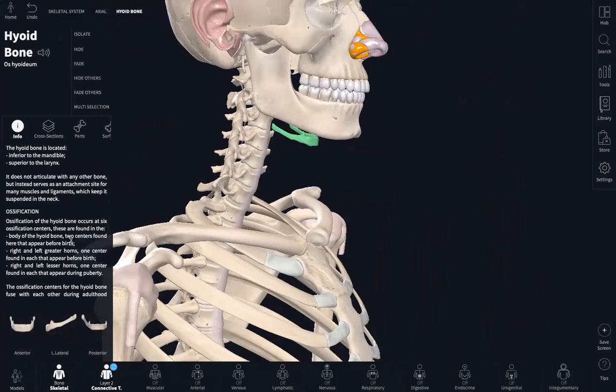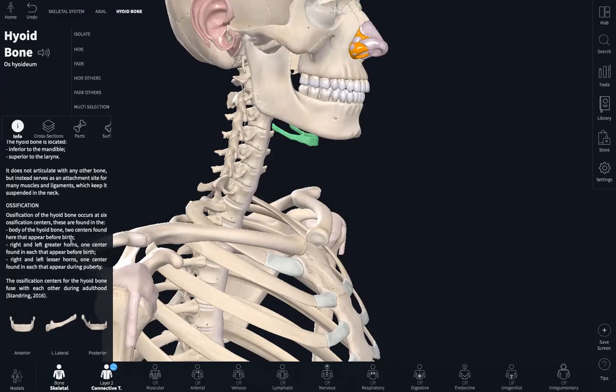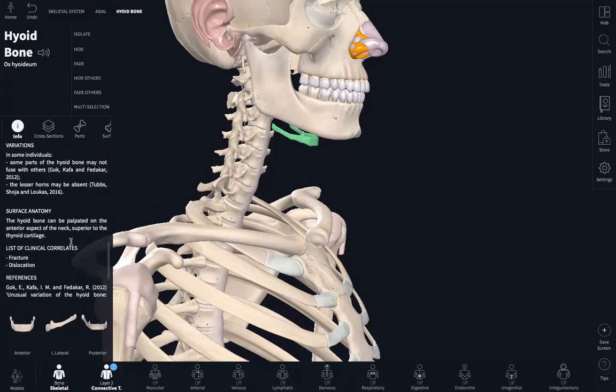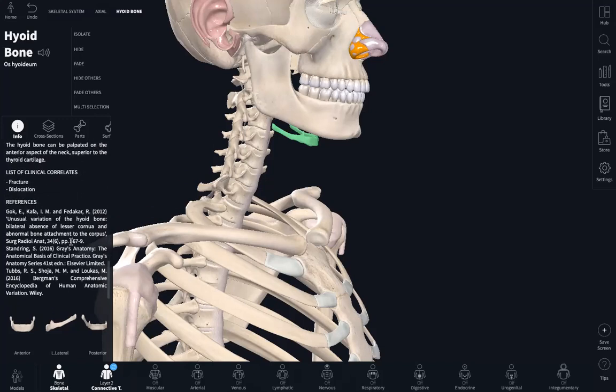It is the attachment site for many muscles and ligaments which keep it suspended in the neck. So those muscles and ligaments will keep the bone suspended in the neck. All right. Fine. So we are done with our entire axial skeleton today.